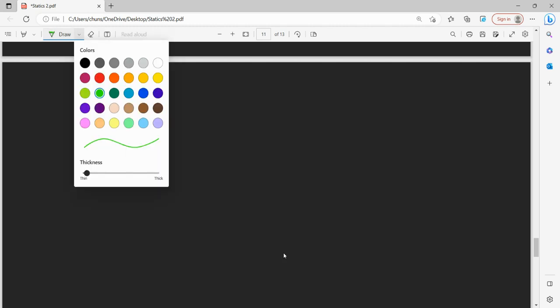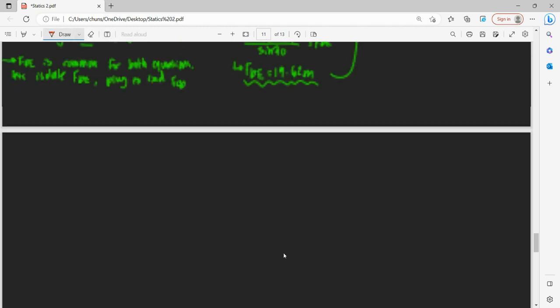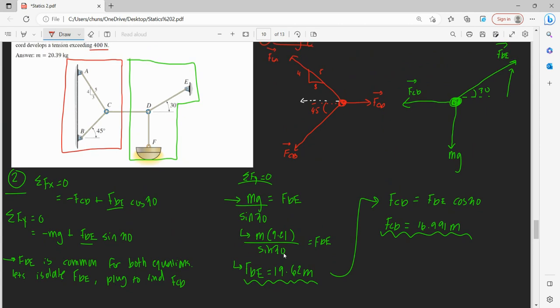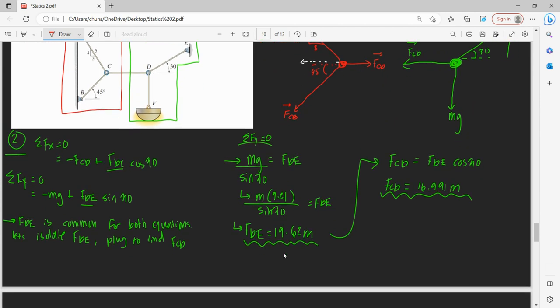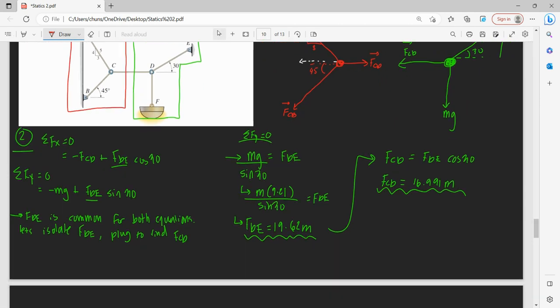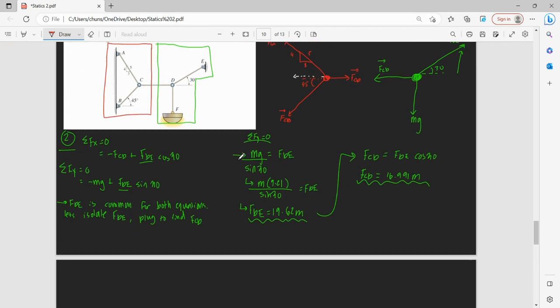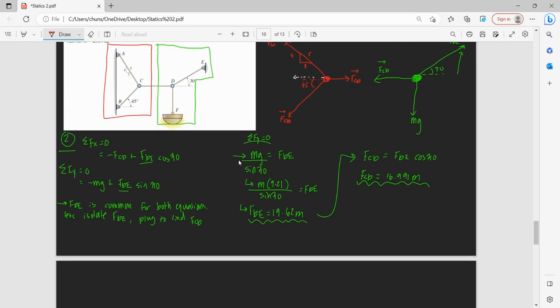Okay, so now looking at our other free body diagram, now that we know what FCD is, there's a little less going on. So I'm just going to zoom out a little bit so I can see and write. So our sum of Fx equals 0, so that's positive FCD.